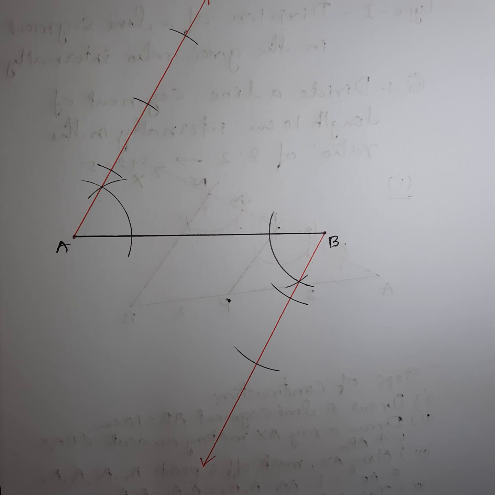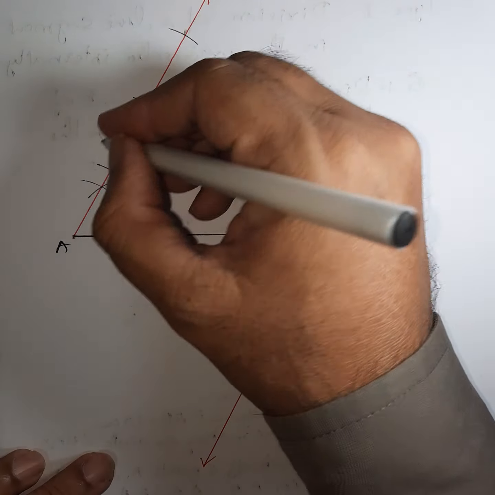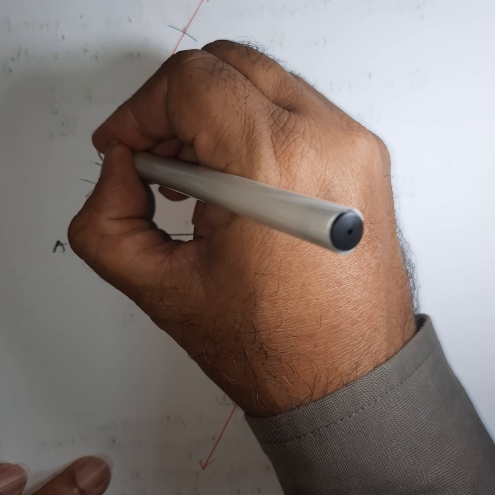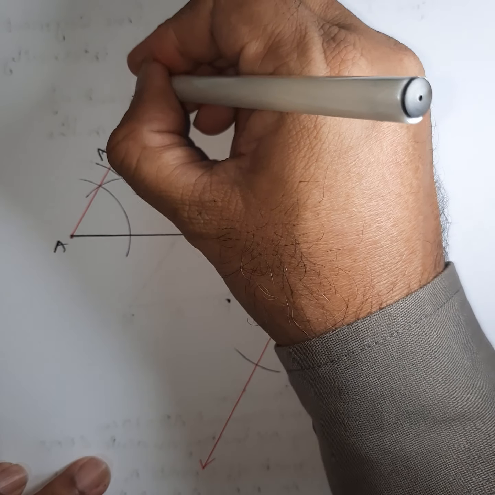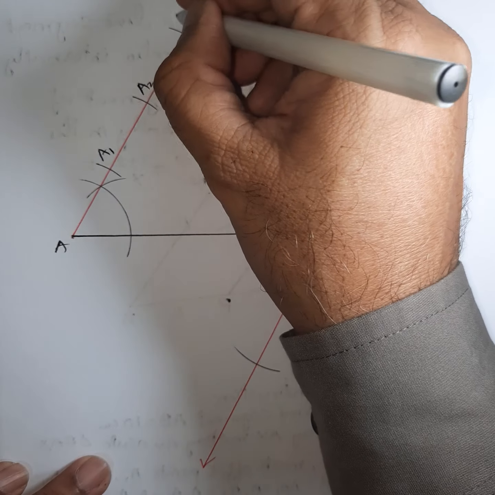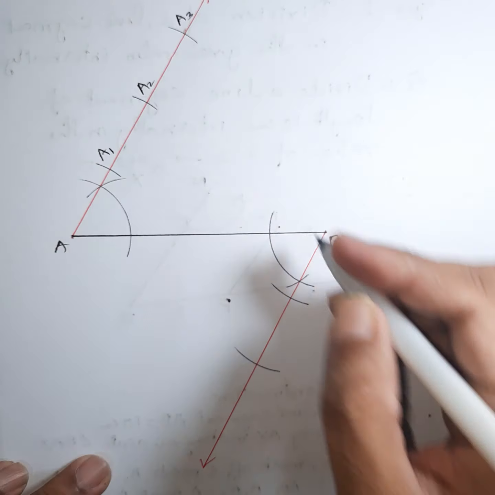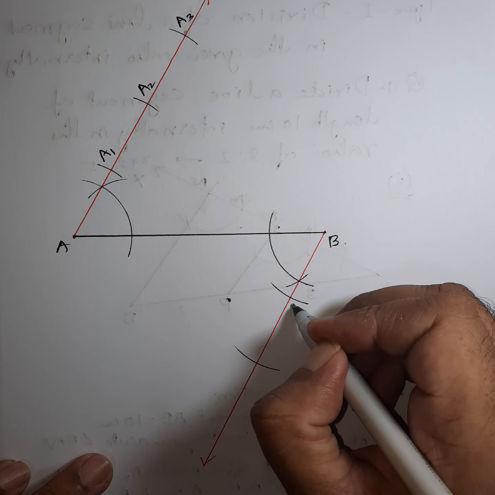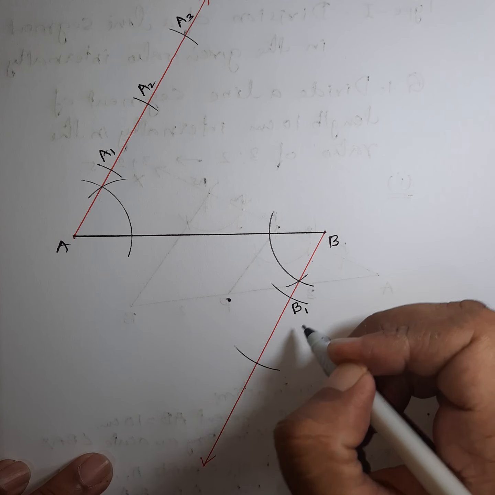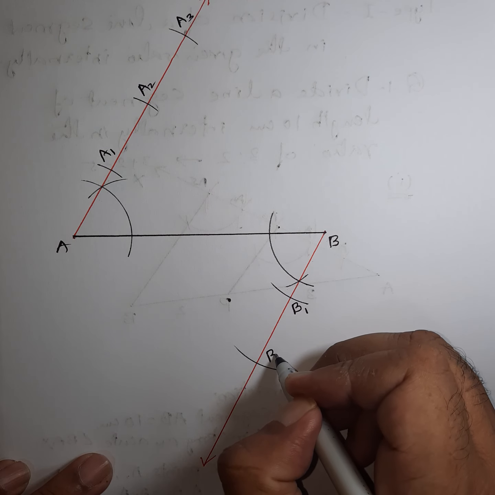Why? Because we have to divide it into 3:2 parts. The upper parts we can call A1, A2, A3, and the lower parts B1 and B2.